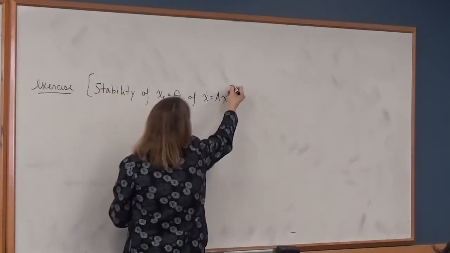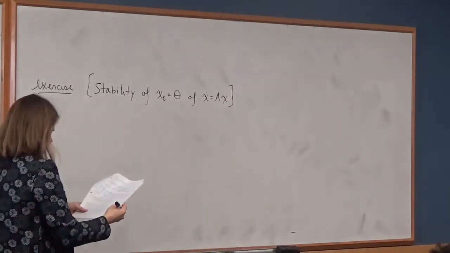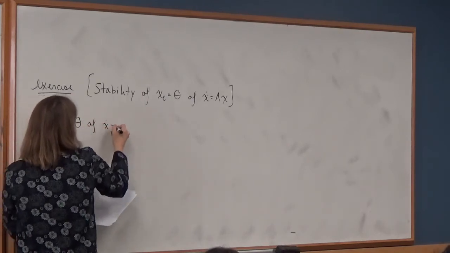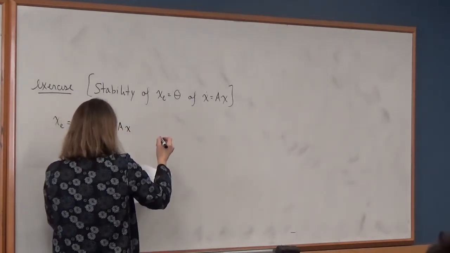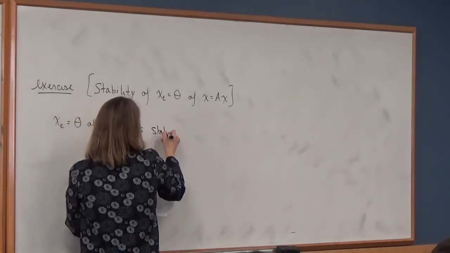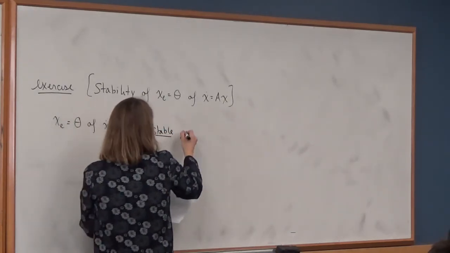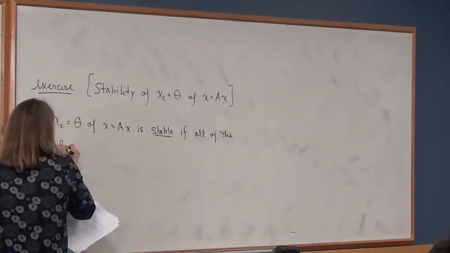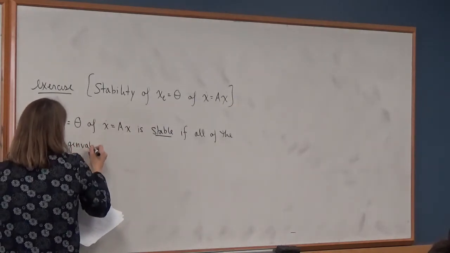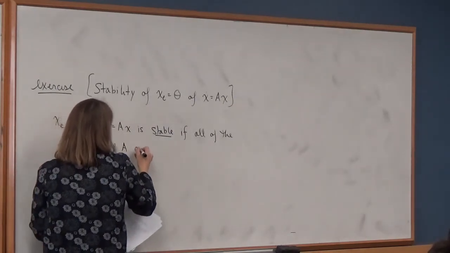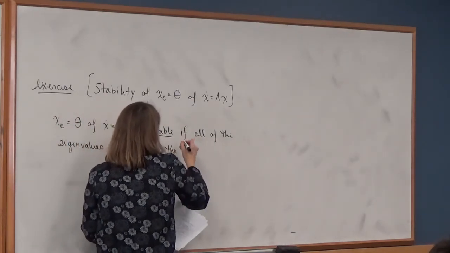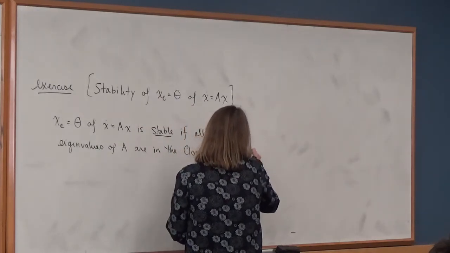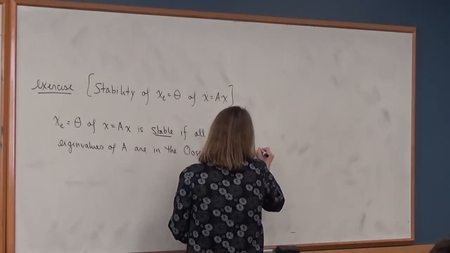Just go through and prove our hypothesis from last day, that x equals 0 of x dot equals Ax is stable if all of the eigenvalues of A are in the closed left half plane. Okay, so that's what we call C minus.